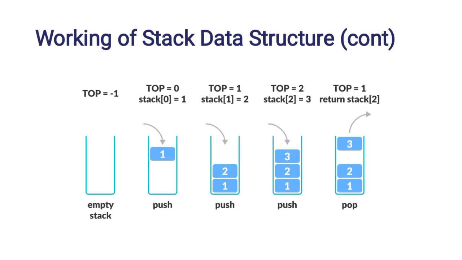Then let me move on to explain how a stack data structure works. Over there, I've got 5 containers. On the first container, which reflects an empty stack, the variable top will be equal to -1. This means that the stack is empty. If we want to add an element into a stack, we must first increment the variable top.